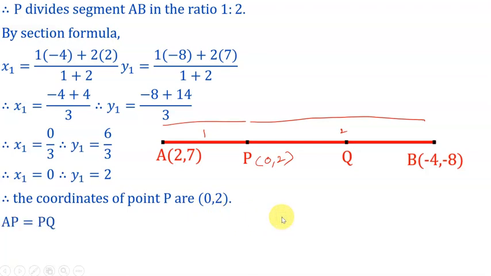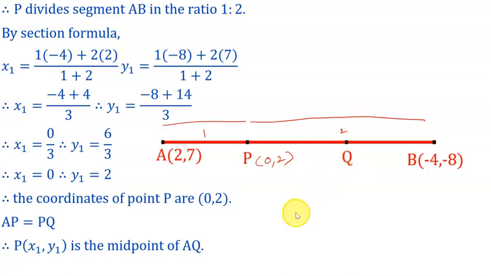Now, next, AP is equal to PQ. Therefore, here the P is, या प्रकारे देखील आपल्याला फाइंड आउट करता येईल. P is also the midpoint of AQ. ओके, आणि त्यावरून देखील आपल्याला Q चे कोऑर्डिनेट्स फाइंड आउट करता येईल. Therefore, AP is equal to PQ.